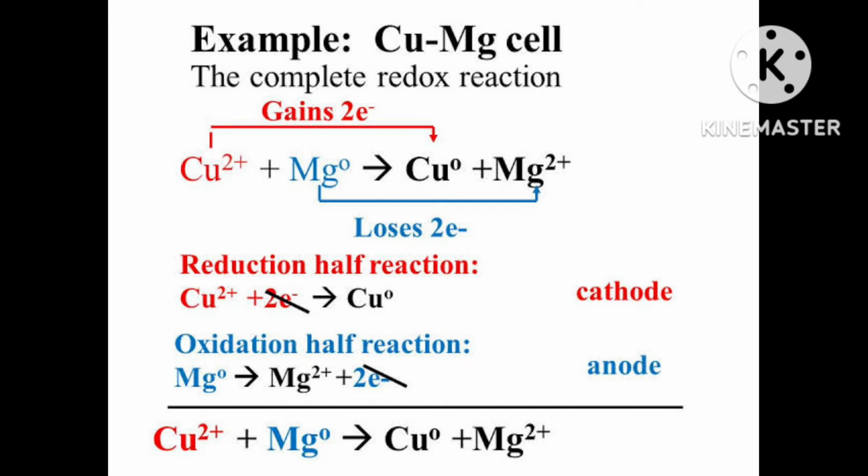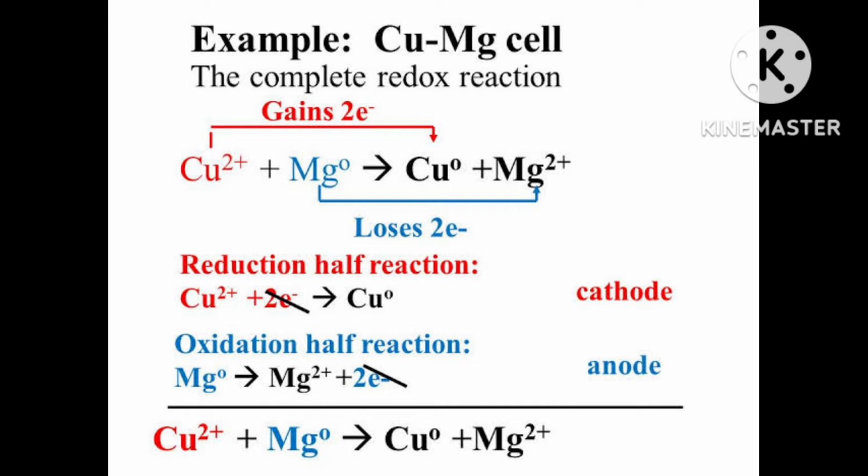Then in the half reaction method, in the final equation, electrons should not be visible. There should be no electron. Electrons must be cancelled. In the earlier case also they did not appear, and here also they should not appear in the final equation.